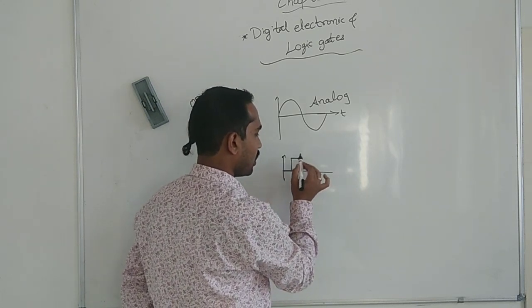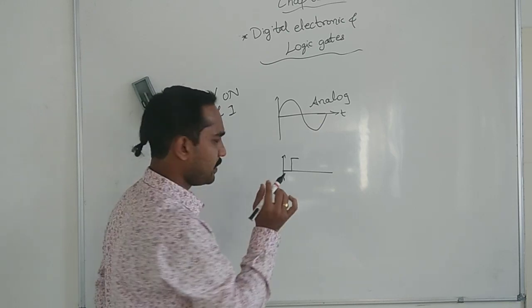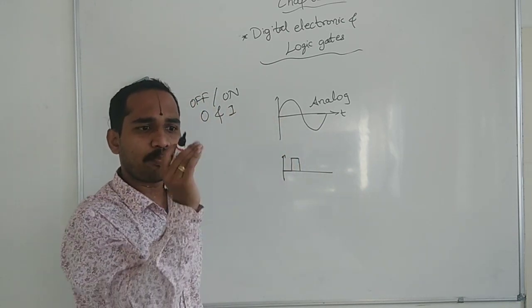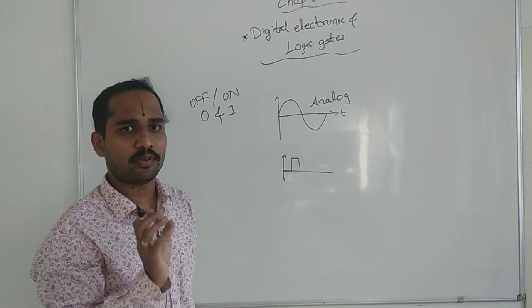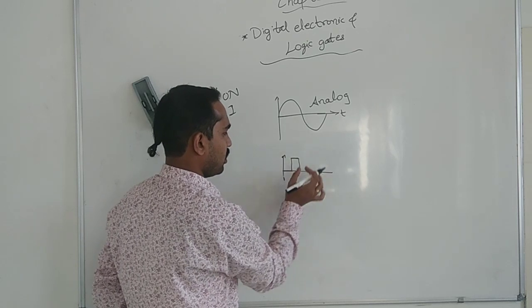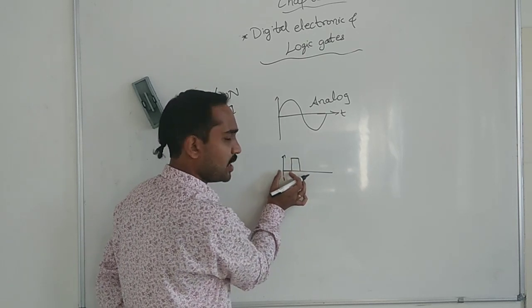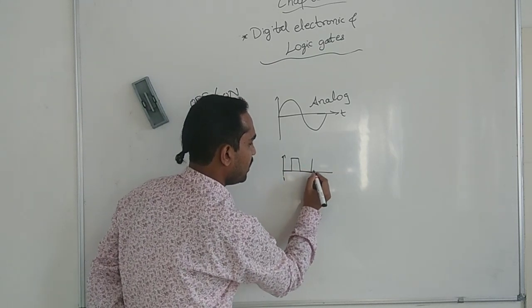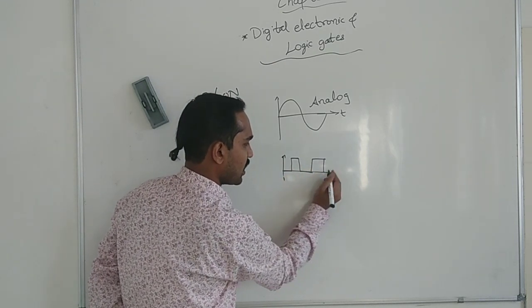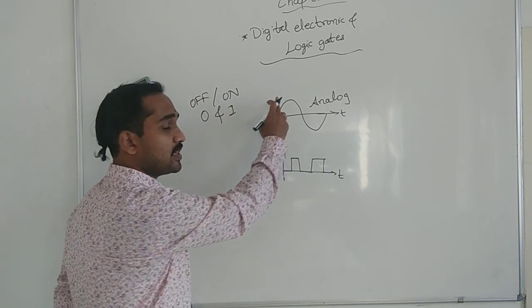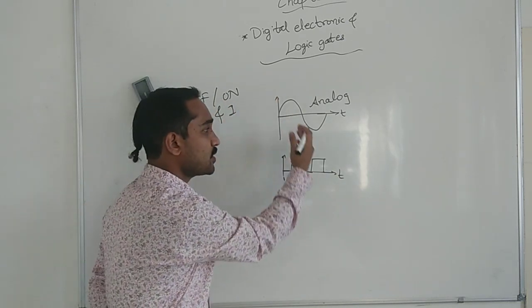How much time you want to remain it as 1, it will remain. Again it will directly be 0. Nothing like 0.5, 0.6, no values like this. Discrete values. See, until this time it is 0. For this time it is 1. Again 0. Again 1. Again 0.